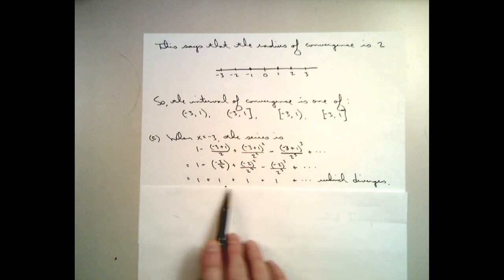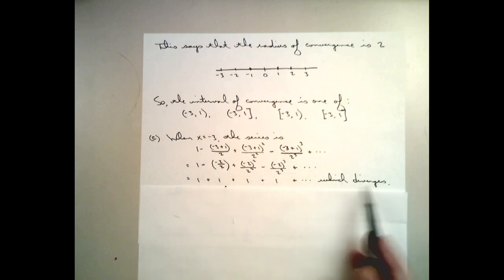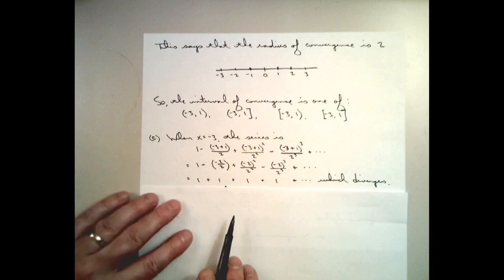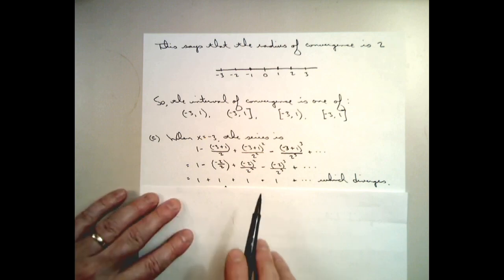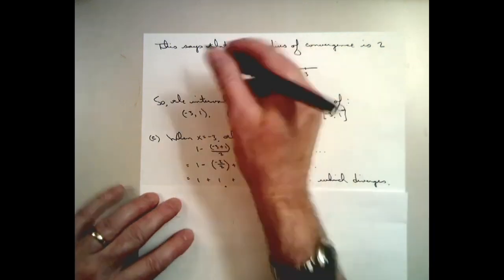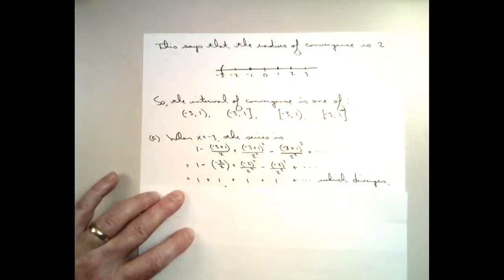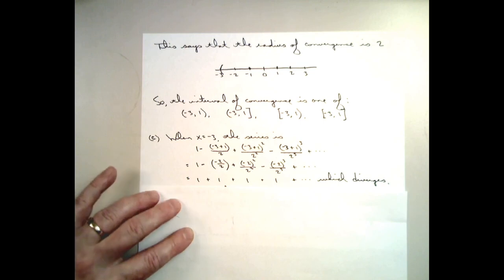But if we analyze that just a little bit, that's 1 plus 1 plus 1 plus 1. Well, that clearly diverges. It's a divergent series. And so I know right away that whenever x is -3, I do not have a convergent series. So I will not include that endpoint.